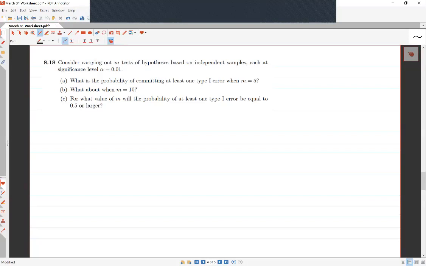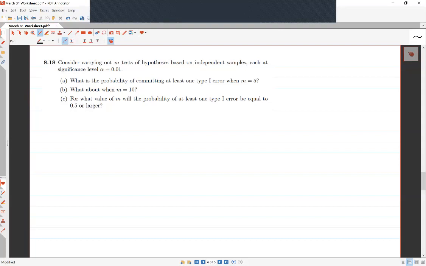The moment you're doing multiple tests, you need to make sure that you're using an appropriate significance level or an appropriate alpha value, because multiple testing increases the probability that a type 1 error happens at some point.